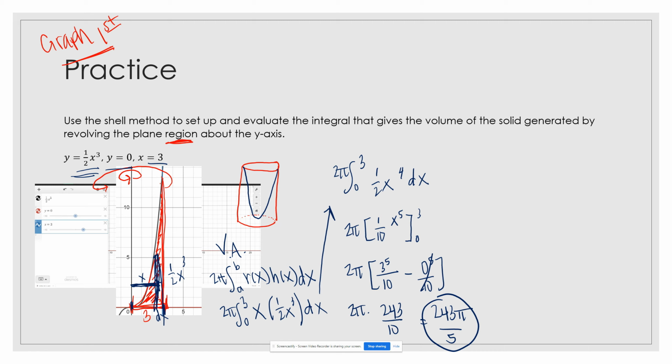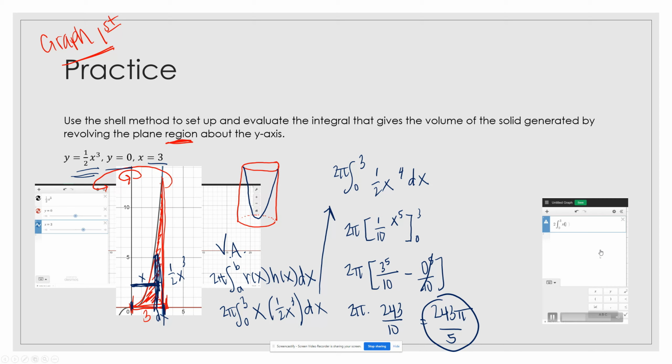Now, any definite integral, meaning it has a lower and upper bound, you can also solve using technology. And so let's see how we would plug this into Desmos. To plug it into Desmos, I'm not going to put the pi in there because that's irrational. So I'll put the 2 and then I'll add the pi later by hand. And I'm going to integrate from 0 to 3.